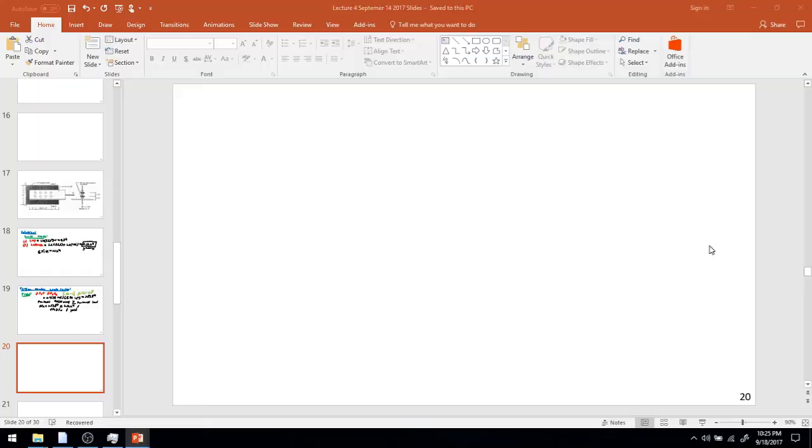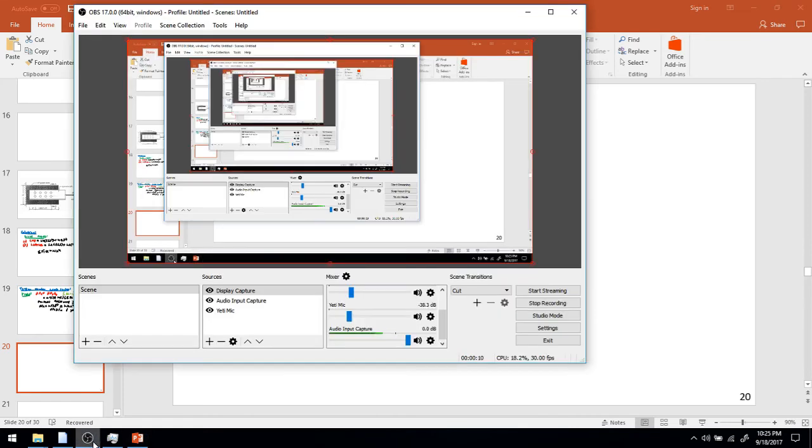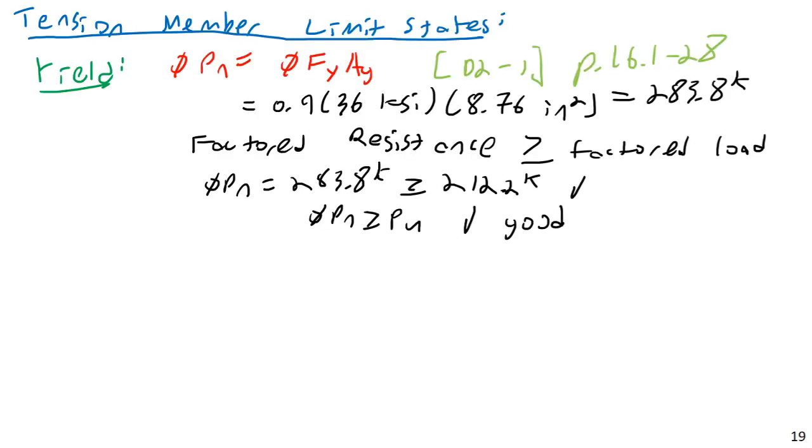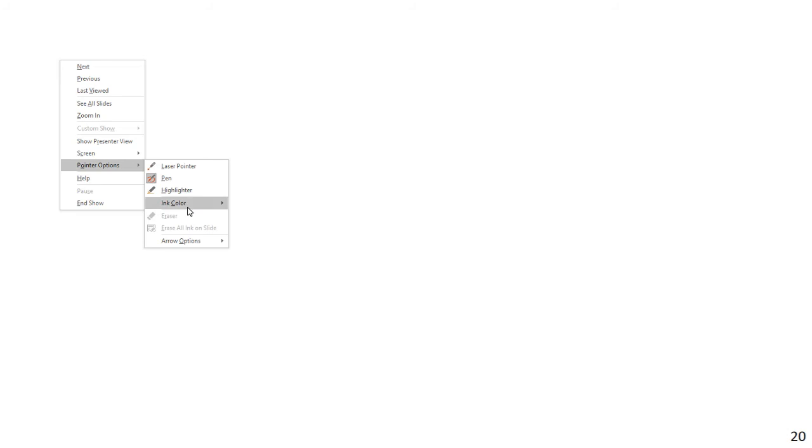Okay, so we've already calculated the yield strength. Now let's look at the fracture strength.